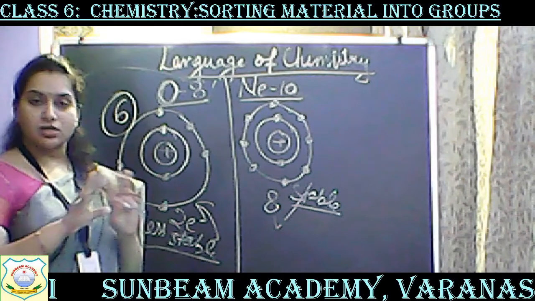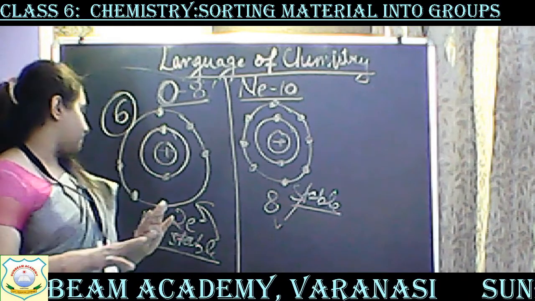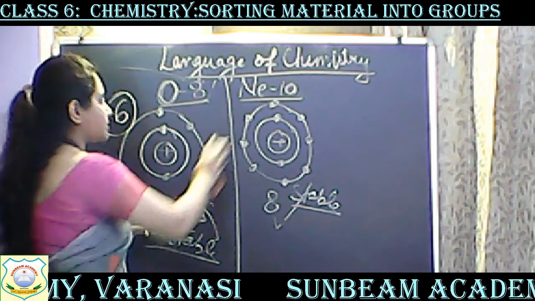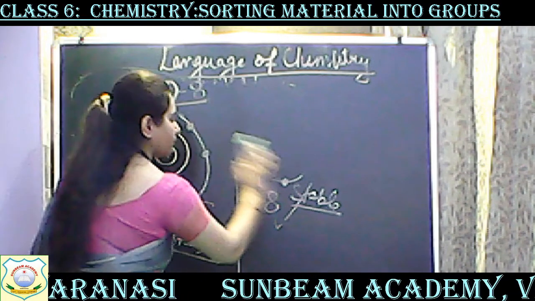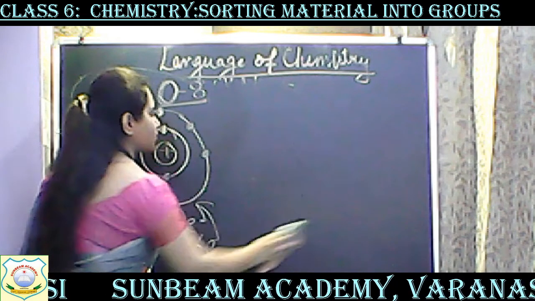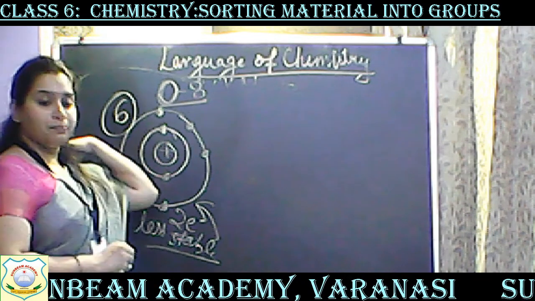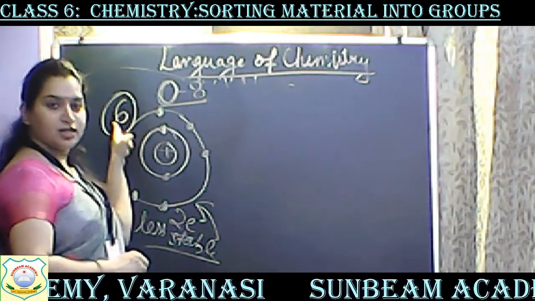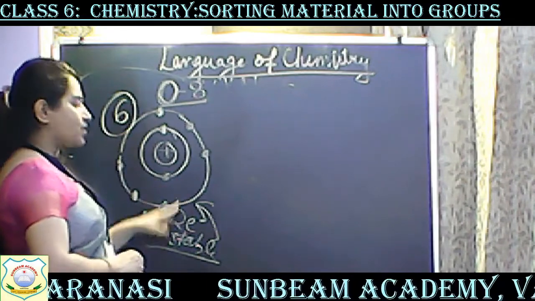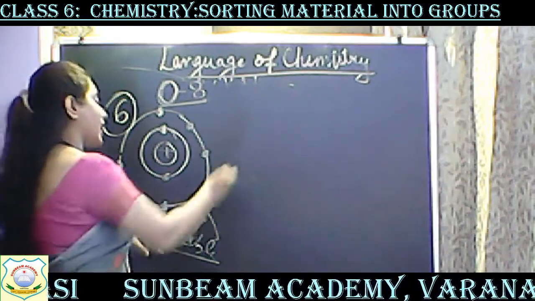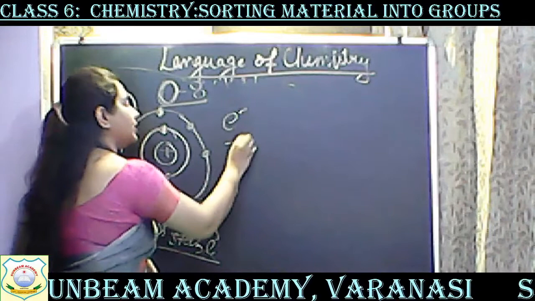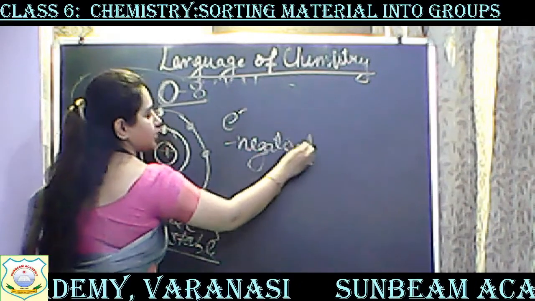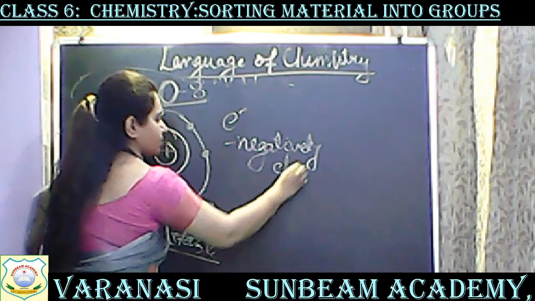This is not in your syllabus, you don't need to understand it. You will only understand one thing, and we are taking the example of oxygen only. Children, because this oxygen has 6 electrons in the outermost shell, it can add 2 electrons, and we know that an electron is negatively charged.